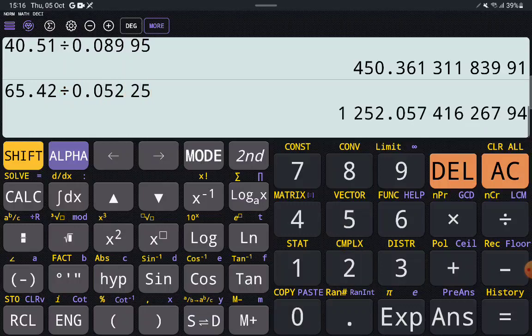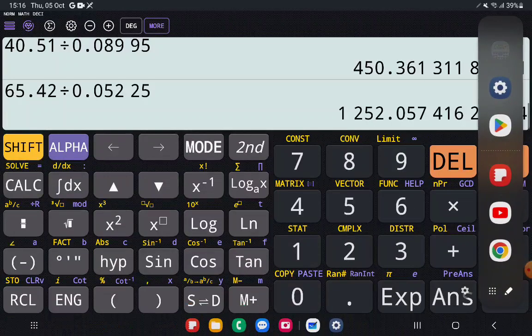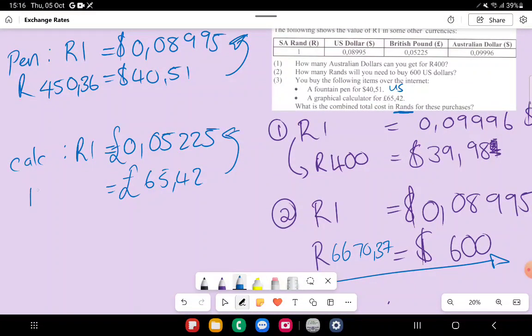That gives me 1,252.06. Now notice that 7 rounds the 5 up to 6. So that is 1,252.06 rands.